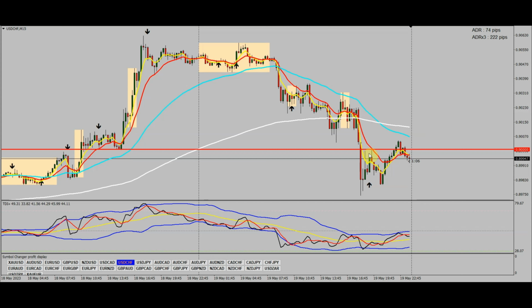I know some persons trail 5 pips behind, 10 pips behind, 50 pips behind, all depending on the type of trading that you're doing. If you're swing trading, definitely you can trail 50 pips behind. If you are intraday trading, you may want to trail 10 pips behind or 15 pips behind. So in the event price decides to reverse, you know that you definitely have that covered.